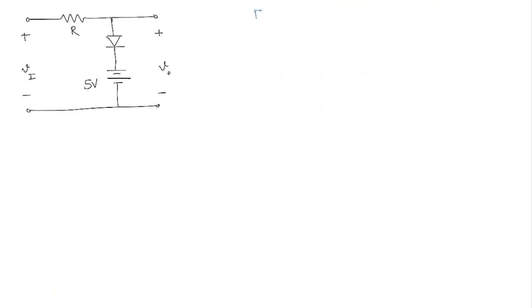Again, let's assume forward bias. So in forward bias, how would the circuit look? The circuit would look like this. That's your resistance. Your diode can be replaced by a voltage source of 0.7 volts. And then you have your 5 volt source.